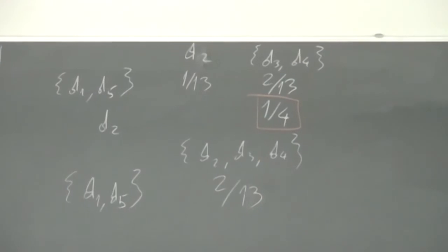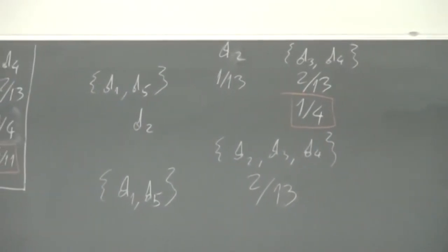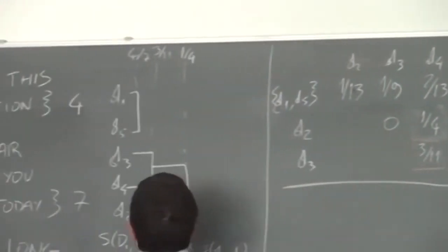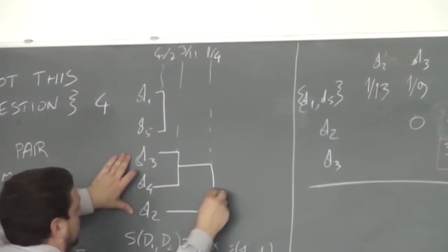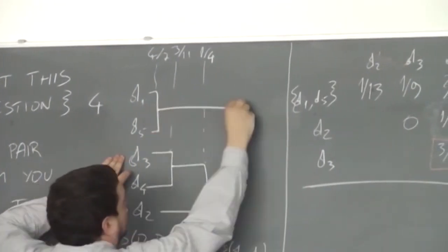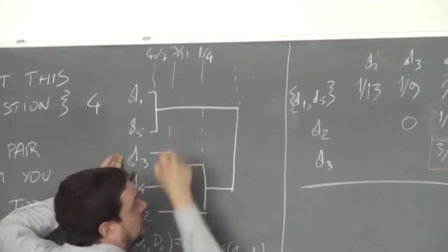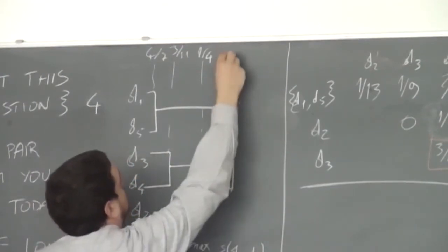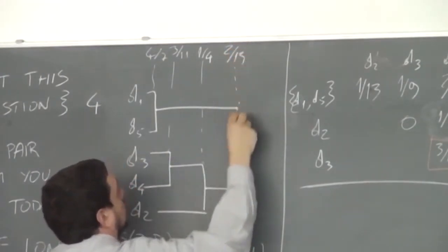And this is the final merge, where we join the cluster D2, D3, D4 and the cluster D1, D5 at a similarity level of 2 over 13.